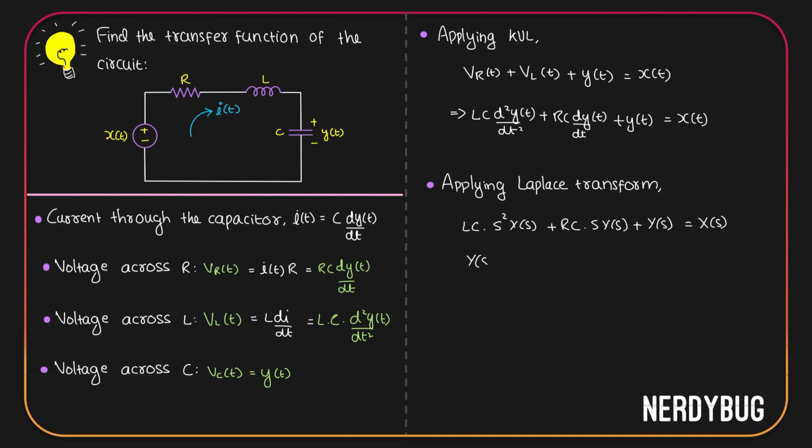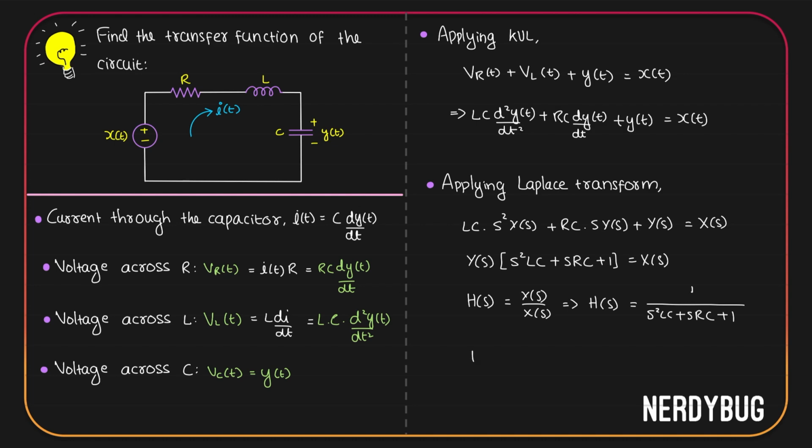So we can write Y(s) multiplied by (s²LC + sRC + 1) is equal to X(s). What we want is H(s). H(s) is Y(s) divided by X(s). So we get H(s) is equal to 1 divided by (s²LC + sRC + 1).